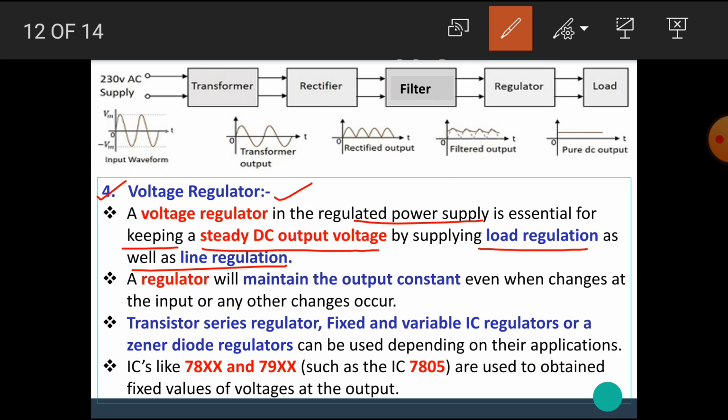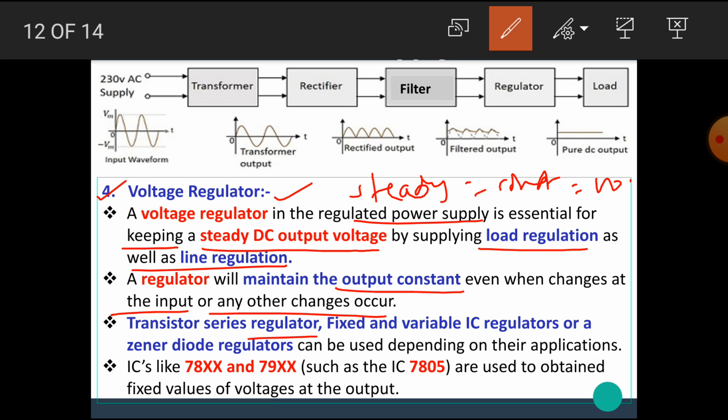That means the voltage regulator is an electronic device which gives us a steady, that means constant, voltage level. A regulator will maintain the output constant even when changes occur at the input or any other changes occur.